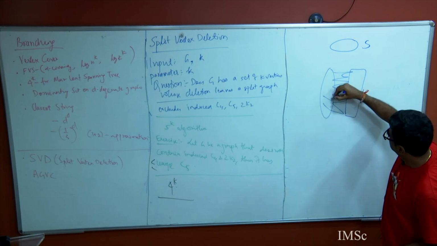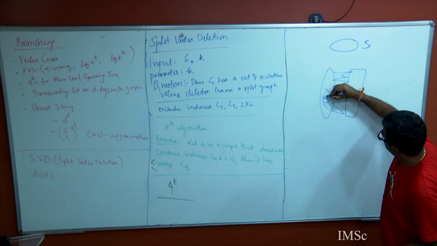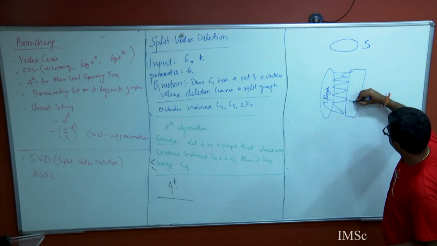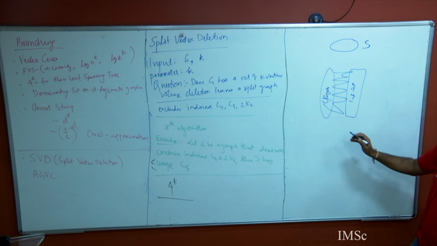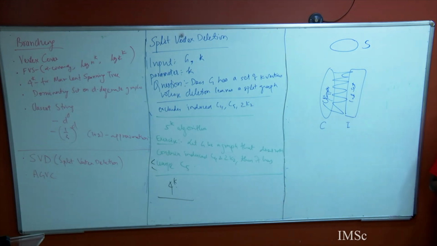This is a clique and this is an independent set. So let's call this C and let's call this I. Then we already have a graph that does not contain induced C4 and 2K2. But if I take two disjoint C5s, do you need more conditions? You directly get one of the obstructions.